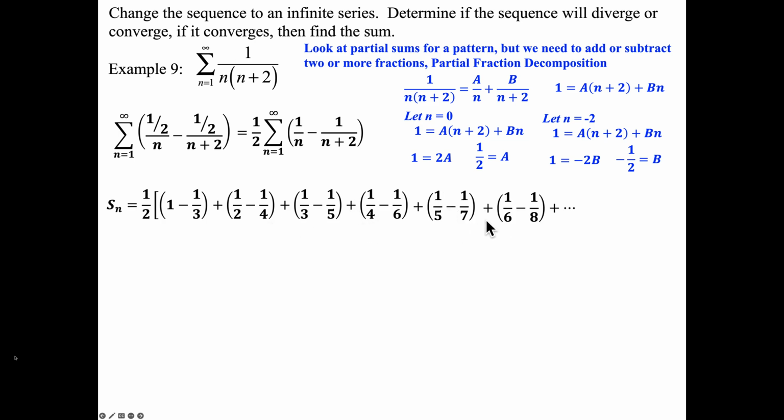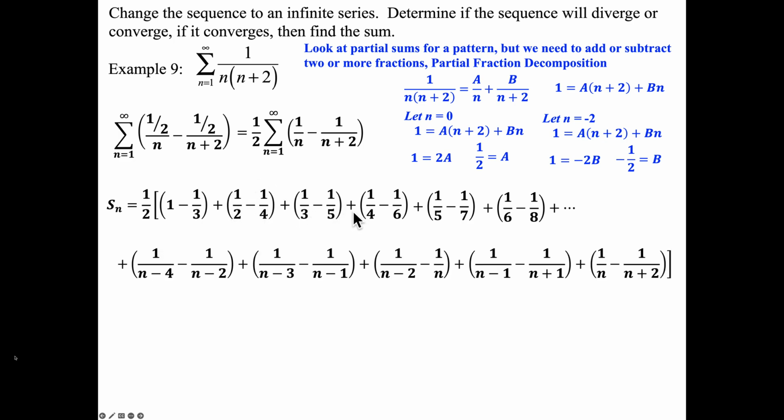Oh, that's plenty. That's a good chunk. But now here, just notice something. My minus 1/3 doesn't see the plus 1/3 until way over here. And I don't see a minus 1/2 anywhere. That didn't cancel. Minus 1/4, I found it here.